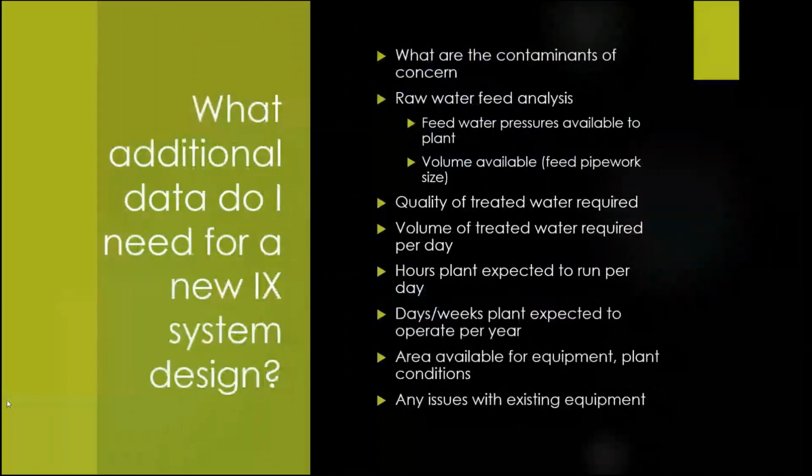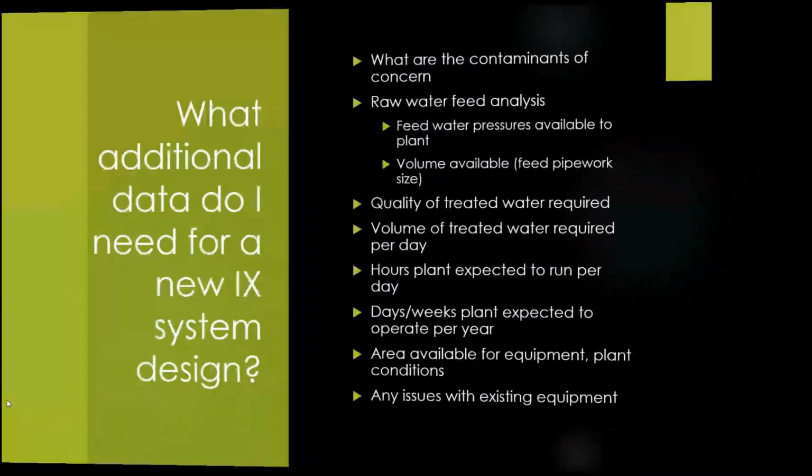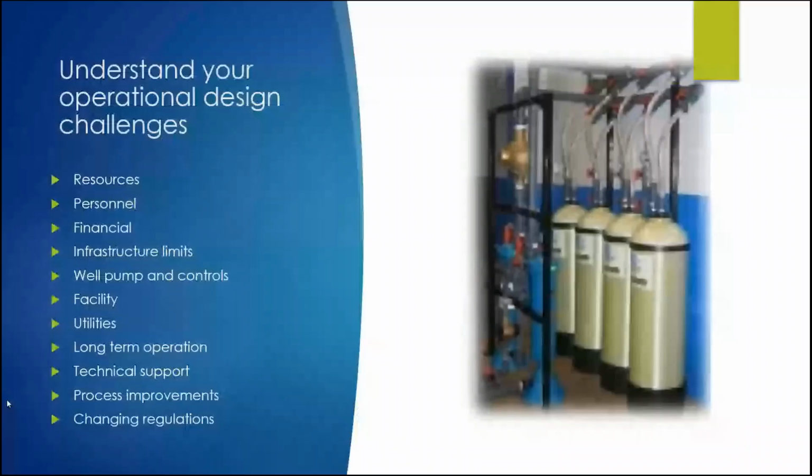In addition, you will need to identify what contaminants you want to remove, what volume of treated water is required, if the plant runs continuously or intermittently, and if space is available to install the system. Other challenges to consider are around personnel, finances, technical support, and understanding local regulations for discharge.